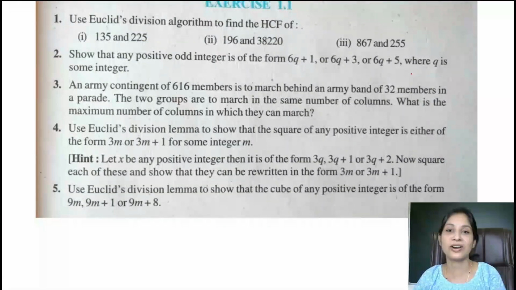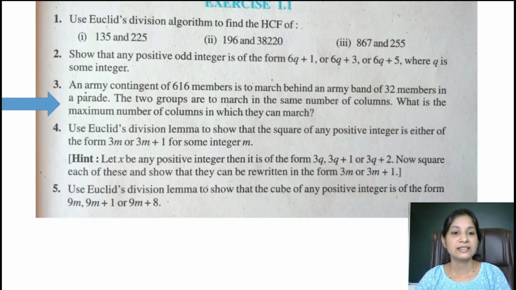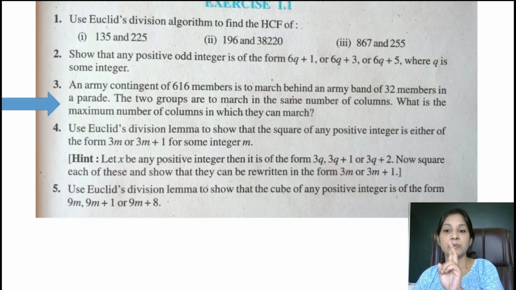Let us go for the third example in your textbook. An army contingent of 616 members is to march behind an army band of 32 members in a parade.